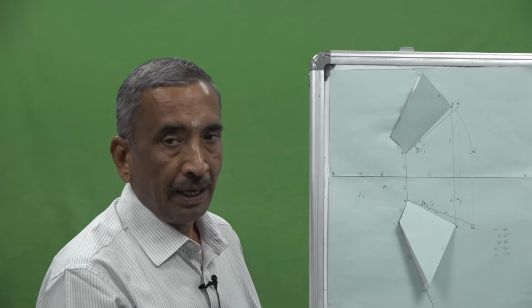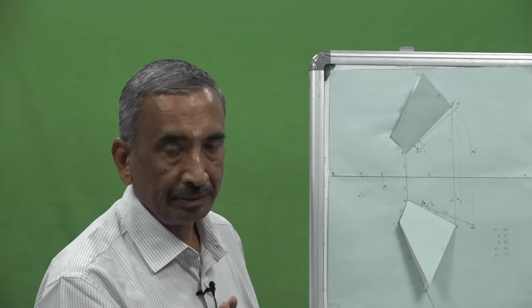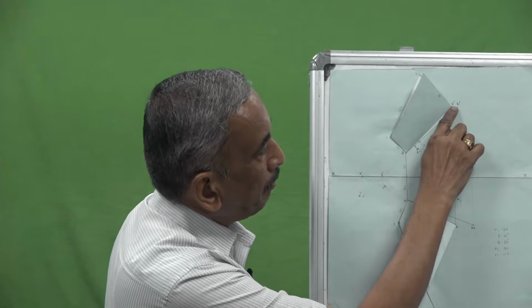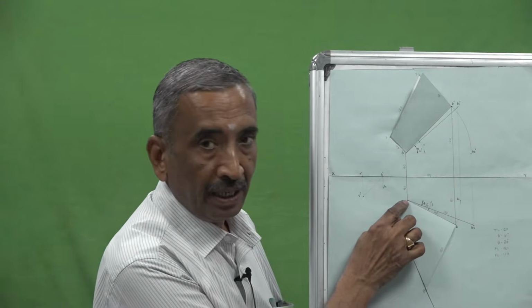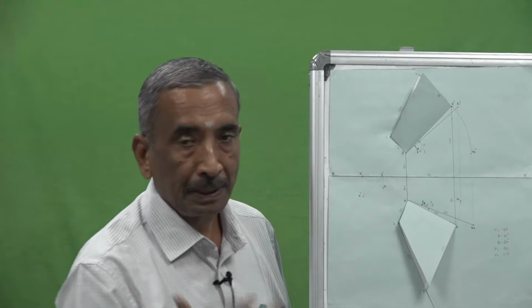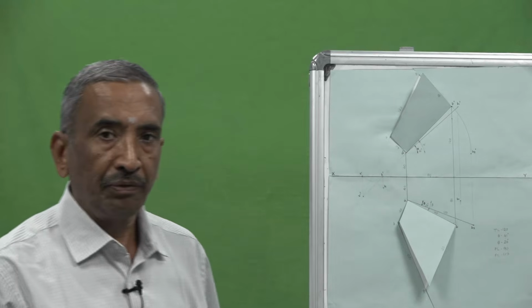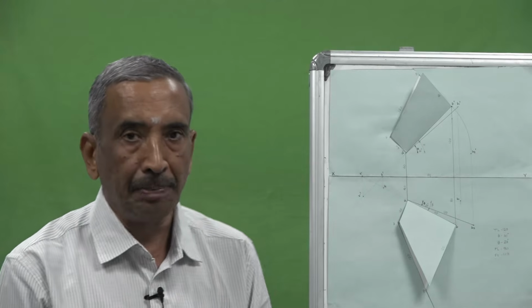So that means we have located the points A dash, B dash. Now we can join A dash with B dash, so this will represent the front view of the line. Likewise, we have located the point A, we have located the point B, join AB, that will represent the top view of the line. So we have drawn the front view of the line AB as well as the top view of the line AB.